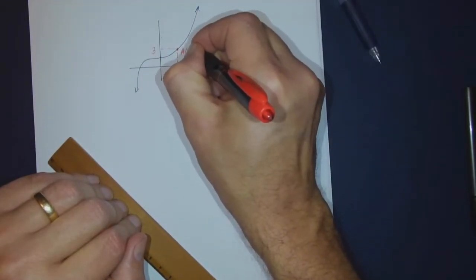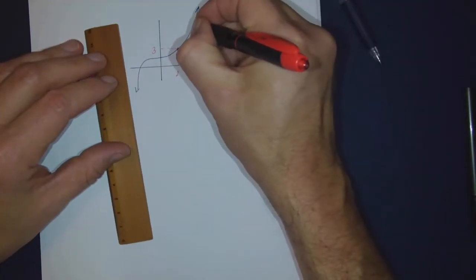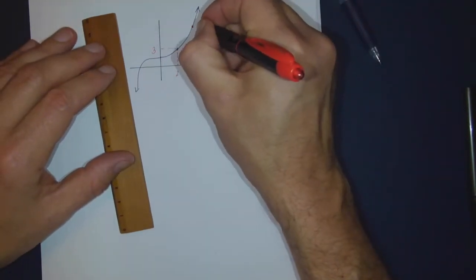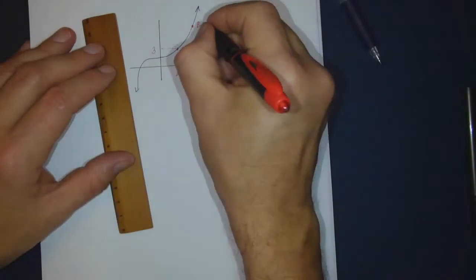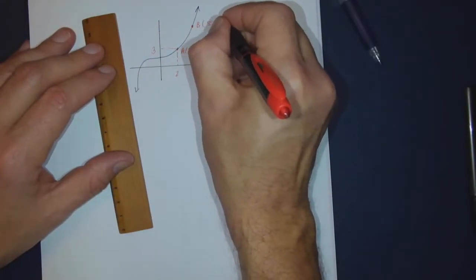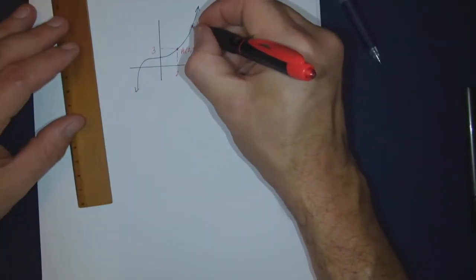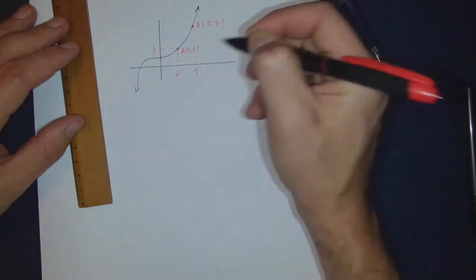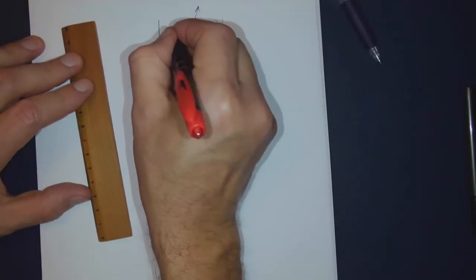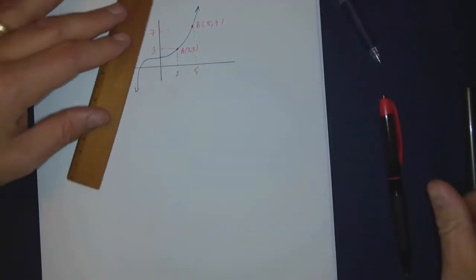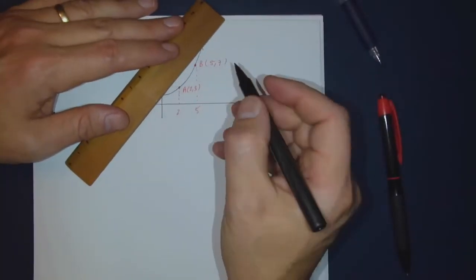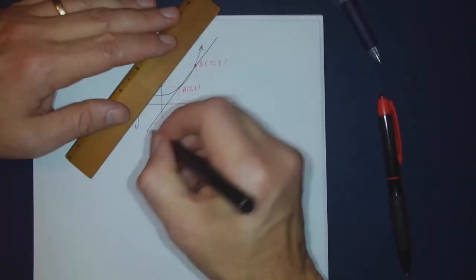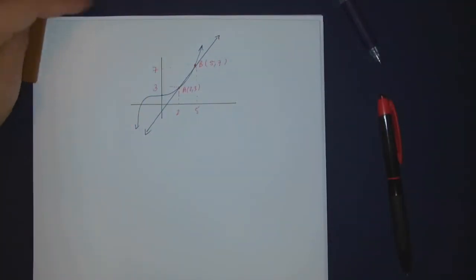So a is (2, 3). And why don't we move up to a new point b? And again, I'm making this up. I'm saying that this will be 5 and this will be 7. So that comes down. So the new x value is 5 and our new y value is 7. And the secant between a and b is going to be that line right there.